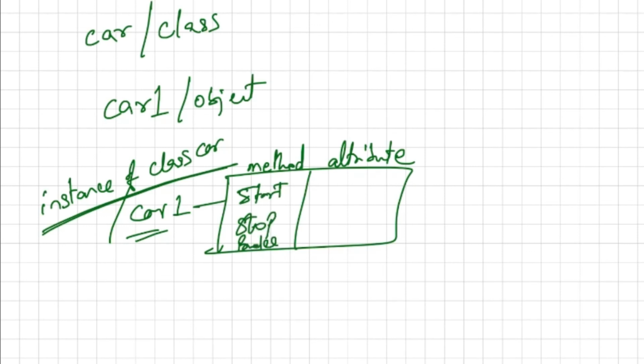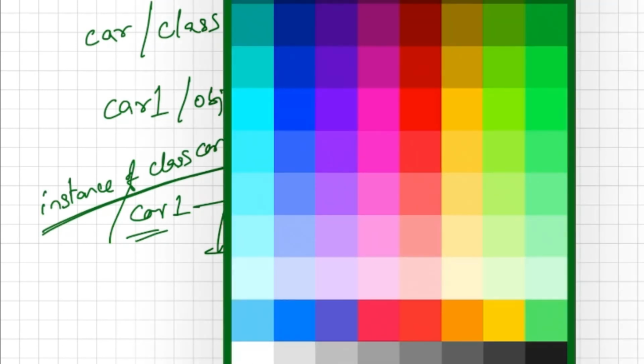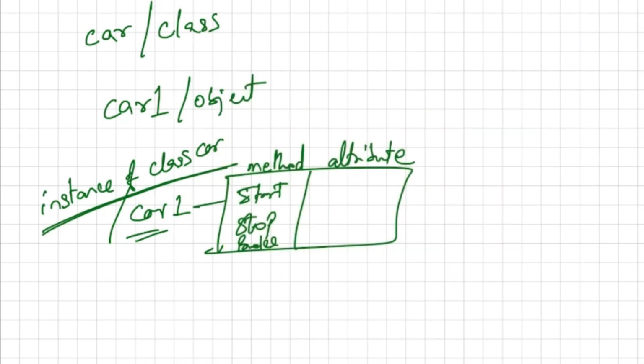It will get them. When we create an object called car, we do not define anything inside the object. We have defined the methods inside the class car, but inside the object we don't define any methods. And then attributes, yes, we set those values inside it, something like gray color, make is Honda, year is 1997.